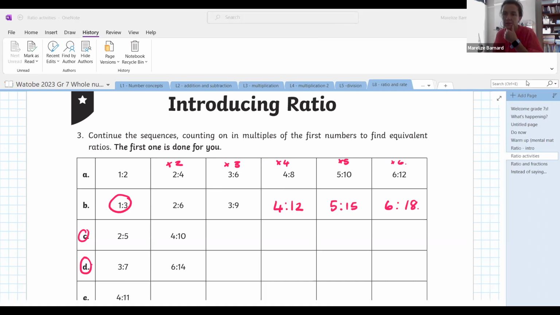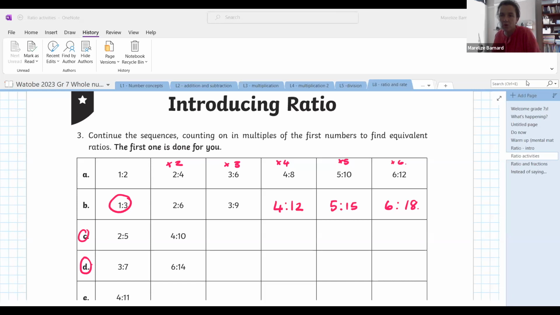Brilliant. You can unmute and ask your question. Okay, Komet Sehang, you can unmute and ask your question. Hello, ma'am. Now I understand. Okay, wonderful. Right, let's give someone else a chance.